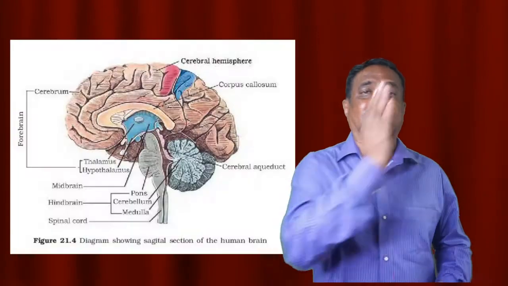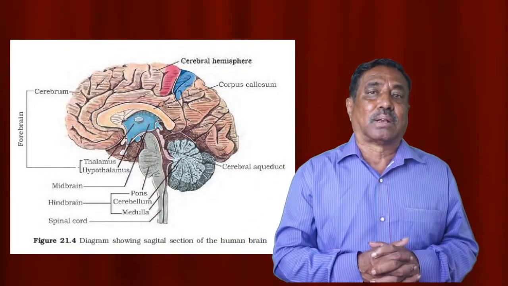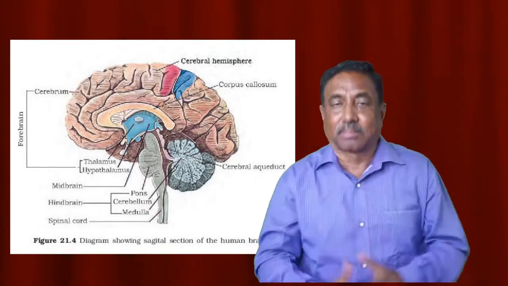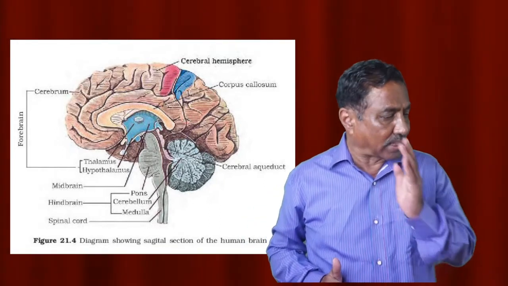And the brain can be divided into 3 portions: forebrain, midbrain, hindbrain. Forebrain consists of cerebrum and diencephalon. Cerebrum forms the large portion of the brain. It consists of outer cortex and inner medulla.